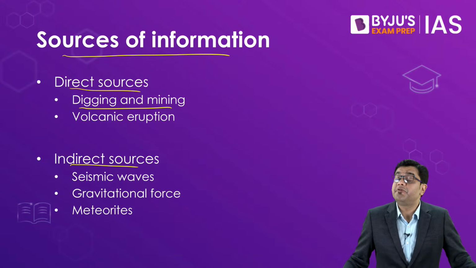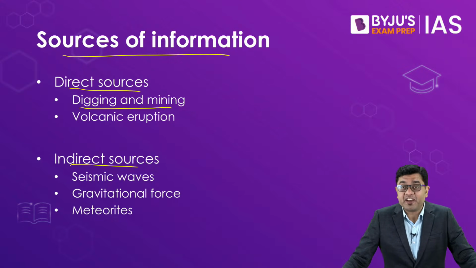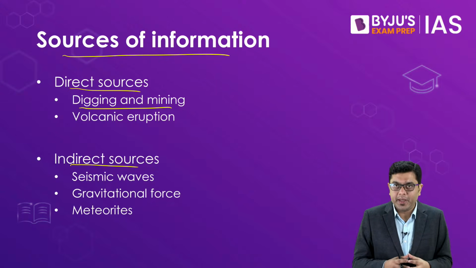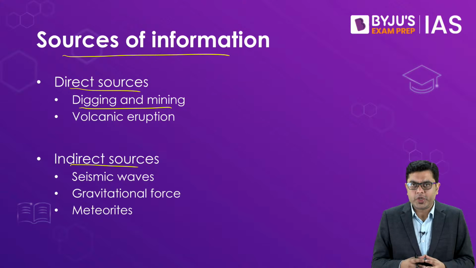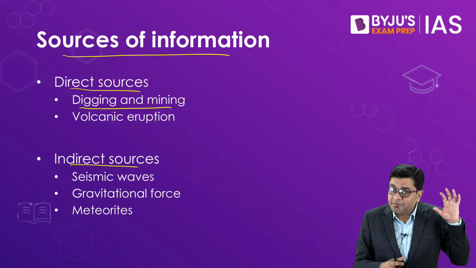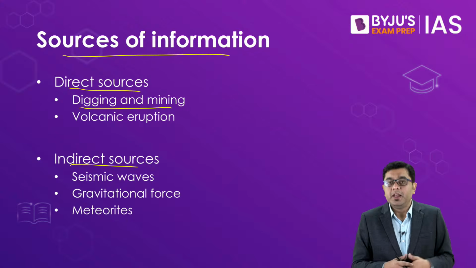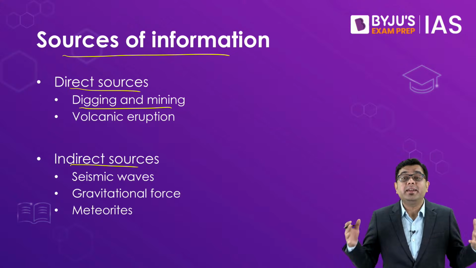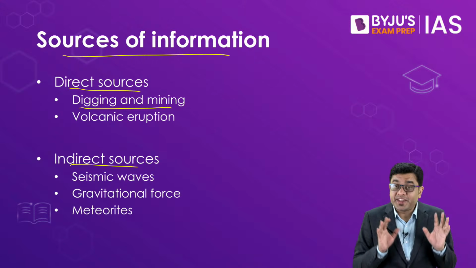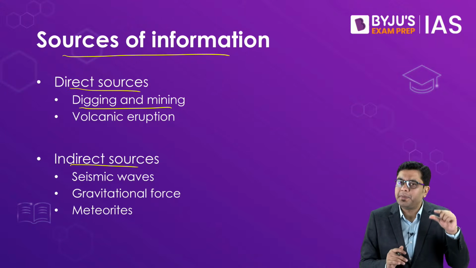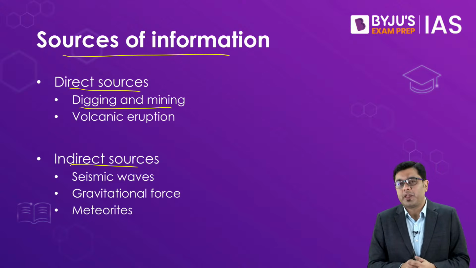In fact, the deepest hole that we have managed to dig as humankind has been in the Kola Peninsula in the northern part of the Eurasian landmass, where we have managed to dig up to a depth of around 12 kilometers. Now imagine, a planet having a radius of 6370 kilometers, we have managed to reach only up to a depth of around 12 kilometers.